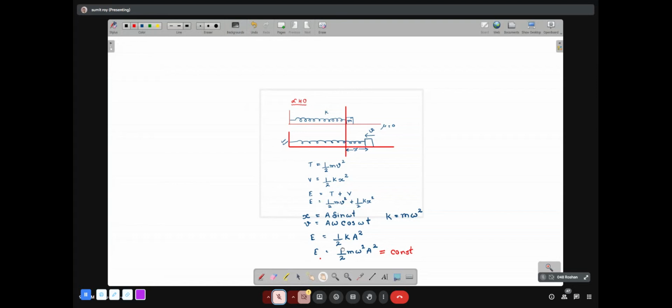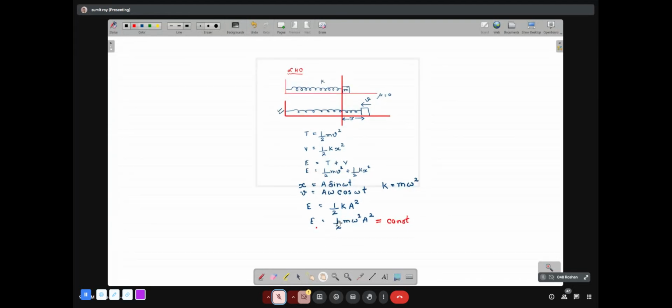Just make a reminder. When is the total energy constant? For what type of system? For free vibration. When there is no damping force, friction is absent, then the total energy is constant.